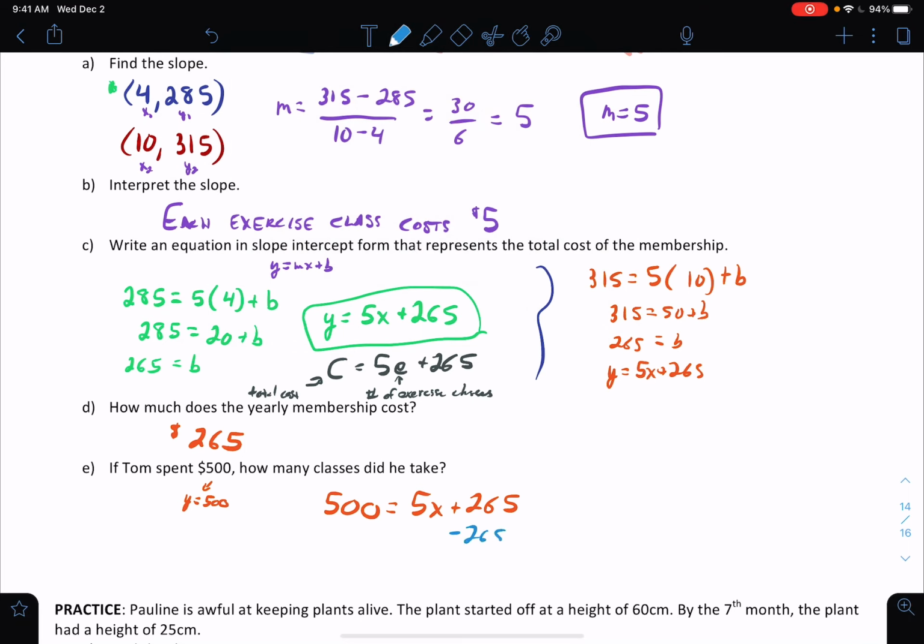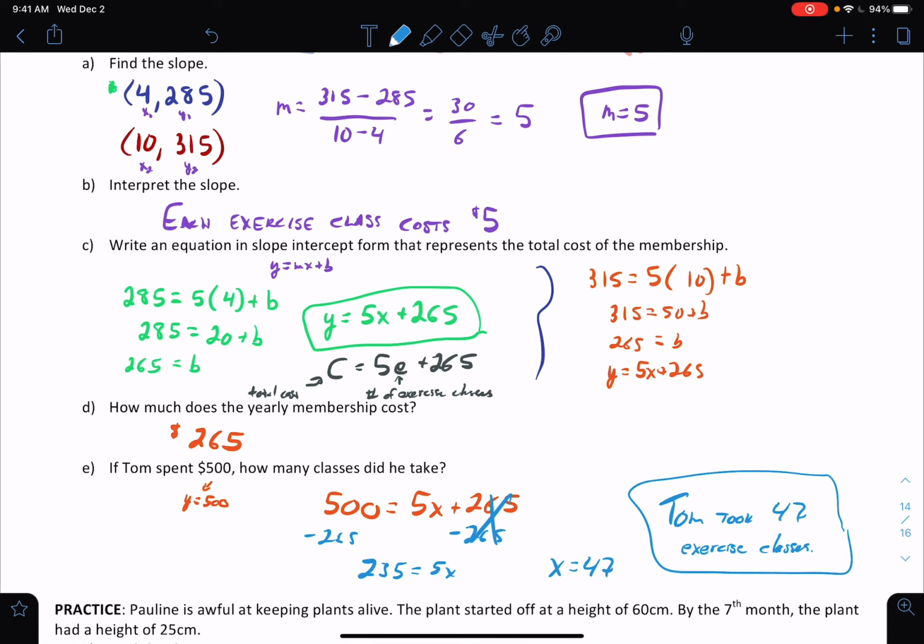So I subtract 265 from both sides. 500 minus 265 is going to give me 235 equals 5x. Divide by 5, x equals 47. So Tom took 47 exercise classes. Okay, so that's how we can use the equation of the line to find additional information.